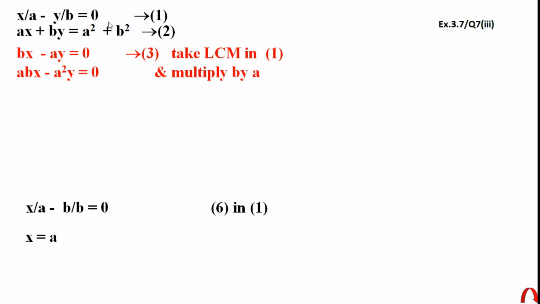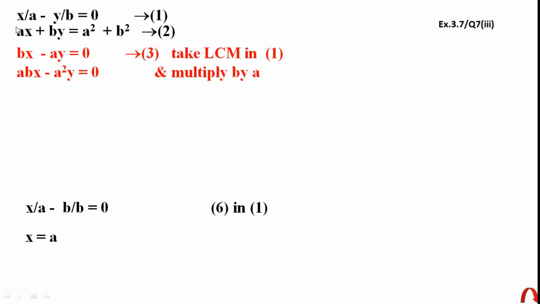So when we do that, bx minus ay upon ab is equal to 0, and ab multiplies with 0 and is gone to the other side and multiplies with 0. So now we can conveniently see that equation number 1 has been modified as equation number 3.